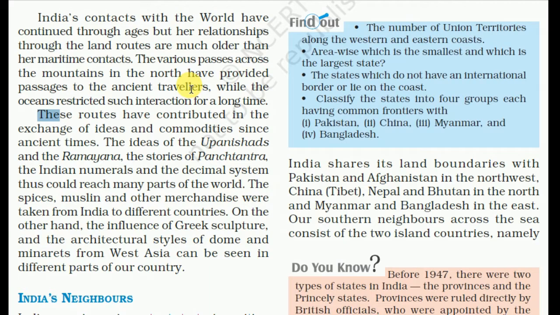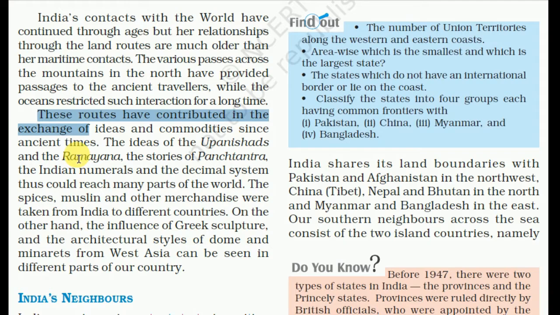So in ancient times, mostly these land routes were used. These routes have contributed to the exchange of ideas and commodities since ancient times.